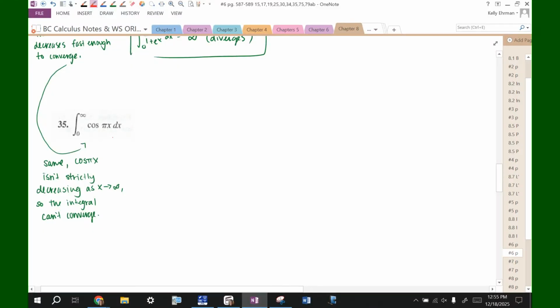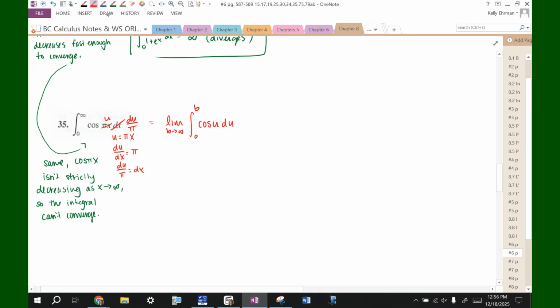All right, we're going to need some u sub here. U is pi x. Du dx is pi. Du divided by pi is dx. This is now u. So the limit as b approaches infinity of the integral from 0 to b of the cosine of u du.